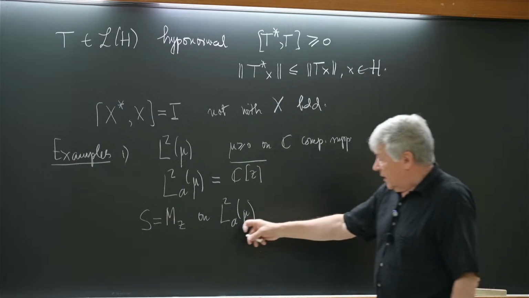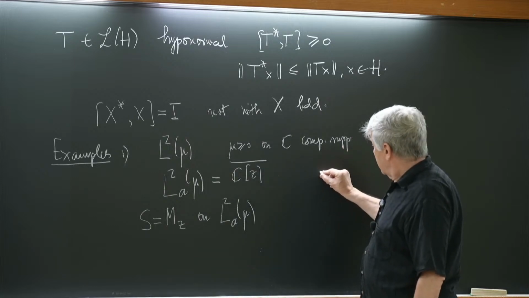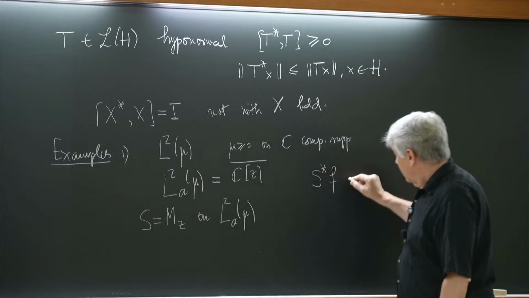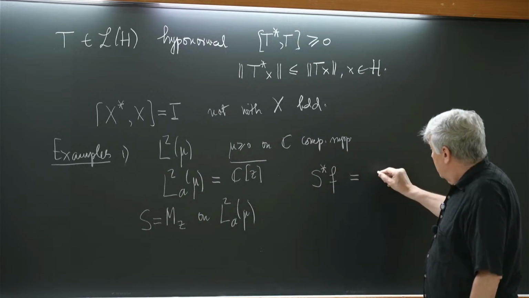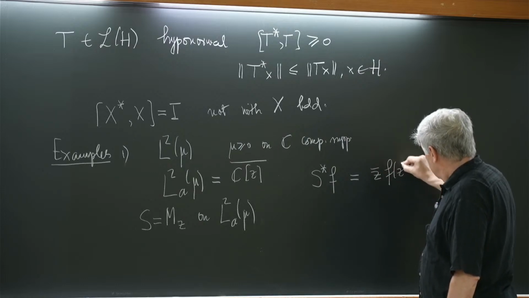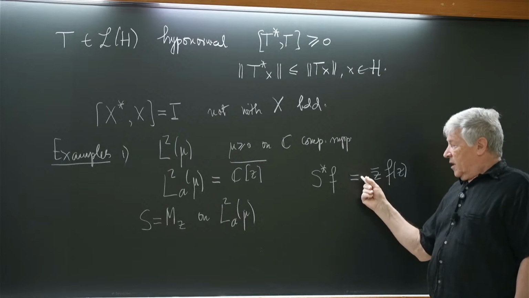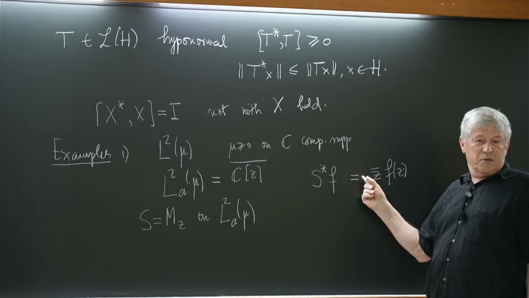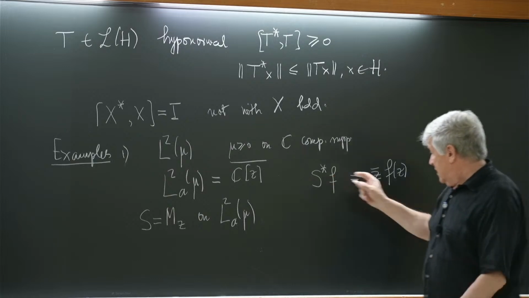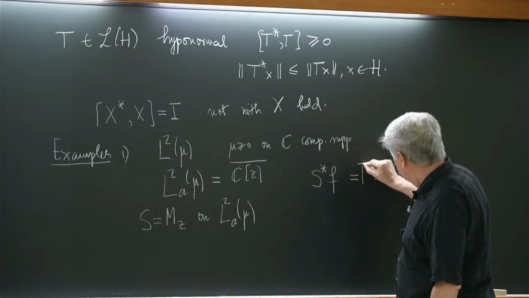If this were the full space, the adjoint would be what? Multiplication by z bar times f of z. If I compute the two norm, z bar doesn't matter, so they would be equal. But in this situation, I have to take the orthogonal projection.